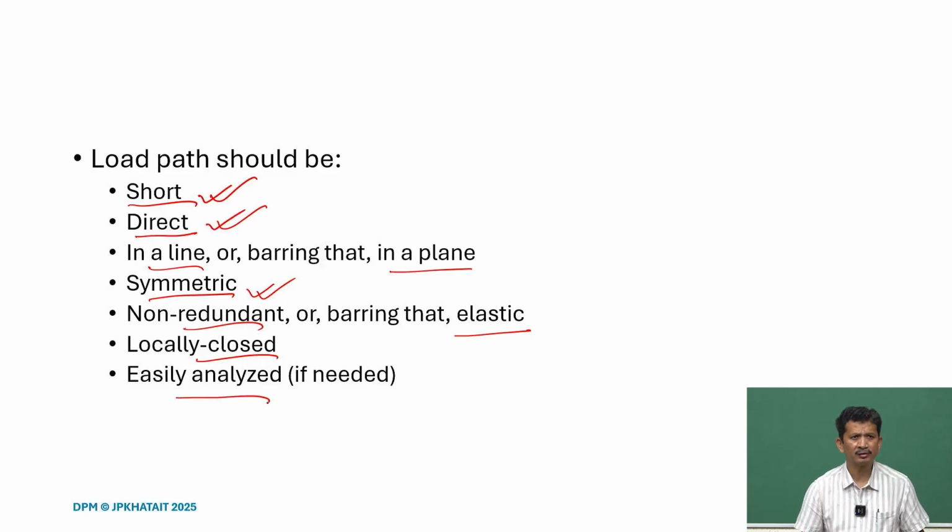And of course, if it's easily analyzed, then we should be able to dimension the parts accurately. We know exactly which part is going to fail, or if it's a large load, then which part has to be designed for that particular load. So, if we know for sure what kind of loading is there, then it's always better, and we can always calculate in the beginning itself.